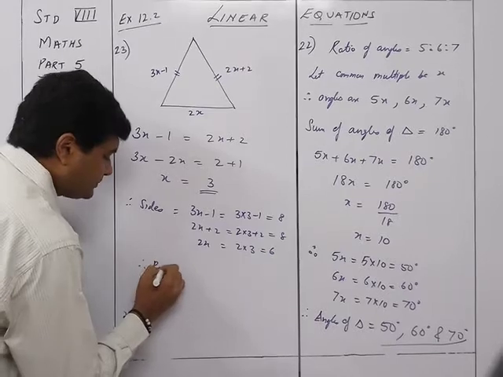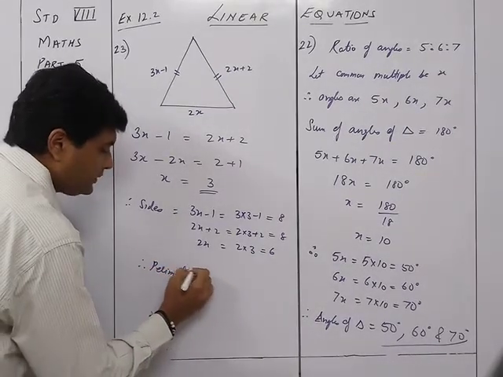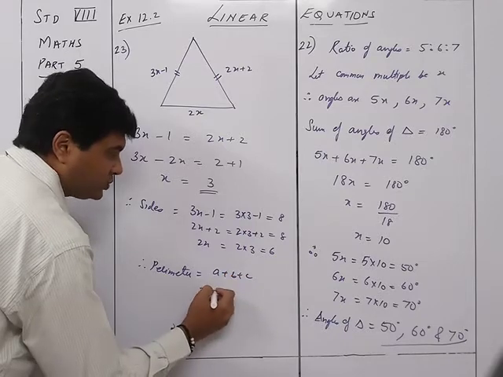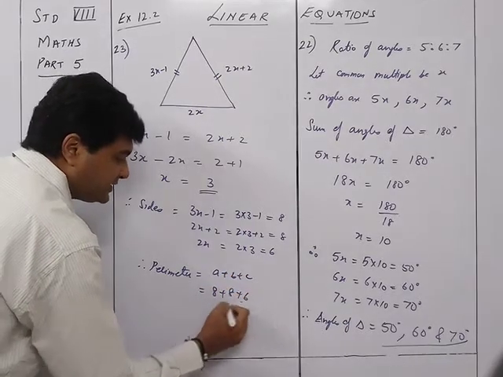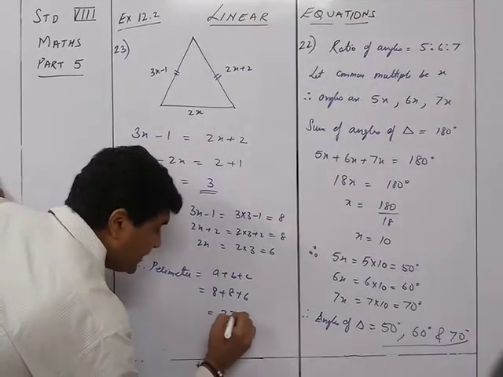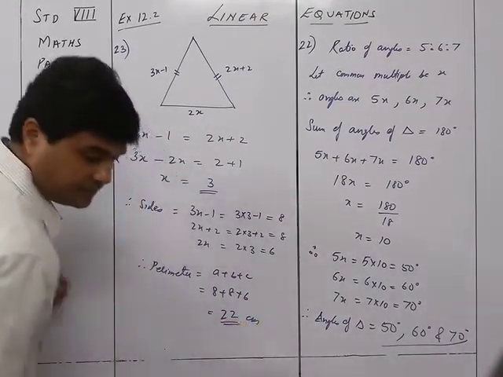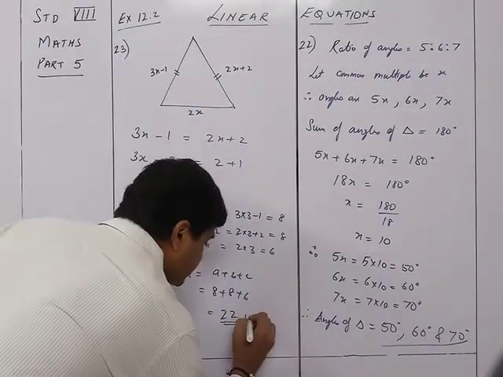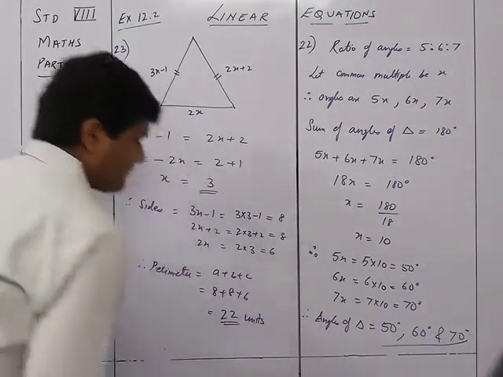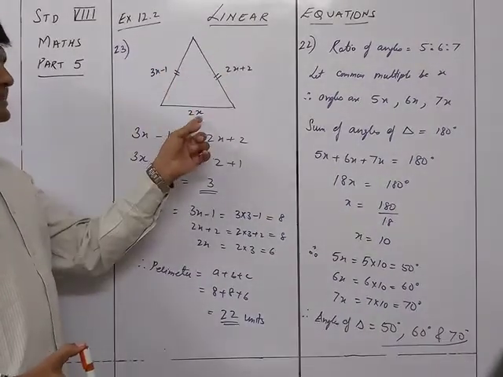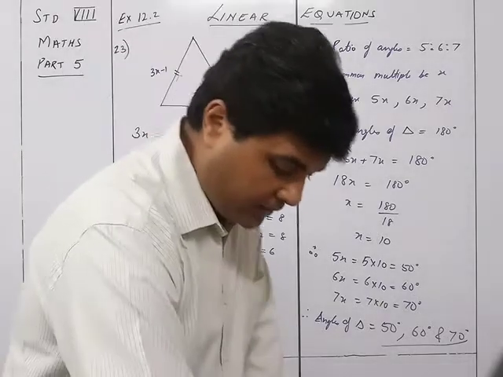Therefore, the perimeter is equal to the sum of all three sides, ABC, is equal to 8 plus 8 plus 6. 8 plus 8 is 16, 16 plus 6 is 22. Units. It's just units, so I'll put it as units. So the perimeter will be 22 units.